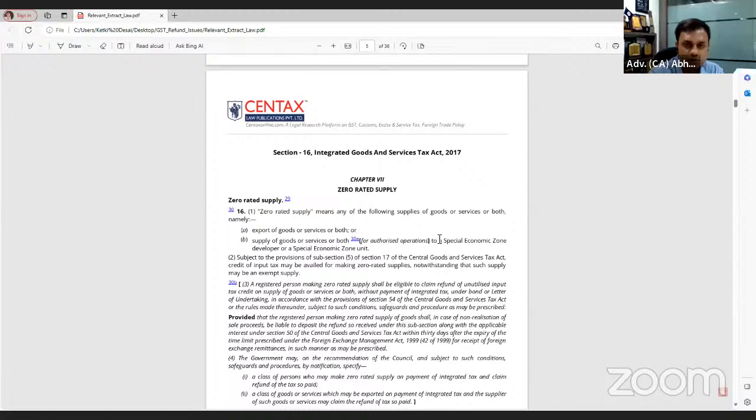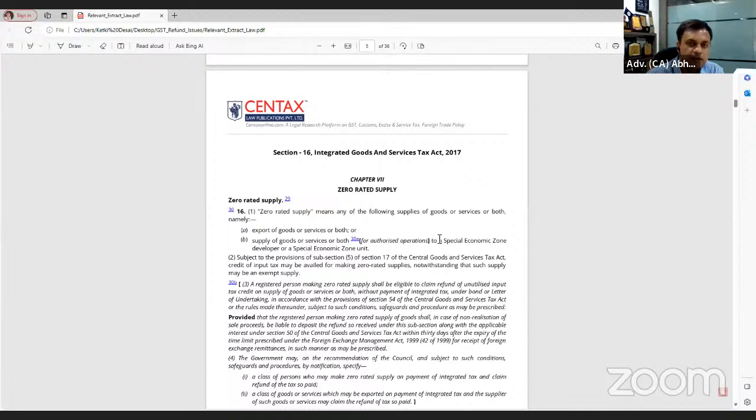So even if a particular inward supply covered by 17.5 is used for making zero rated supplies, the credit would still be restricted. The credit of that tax, which you have paid on that particular inward supply, would not be available.